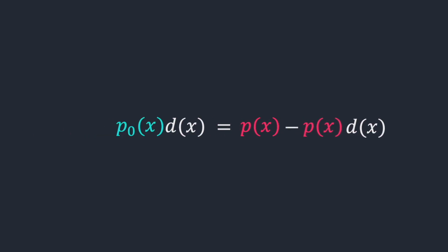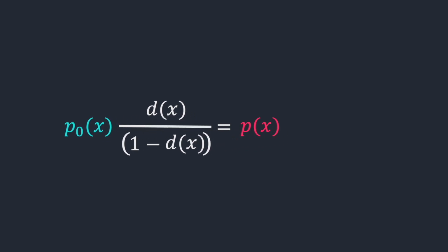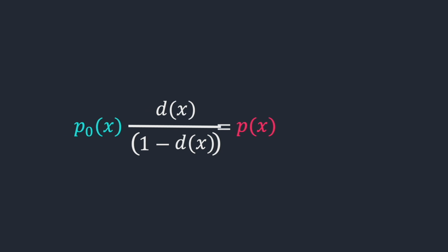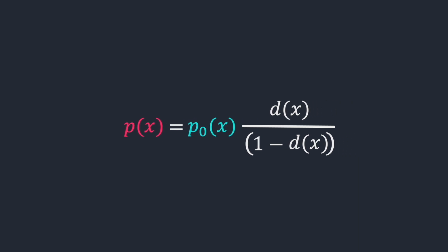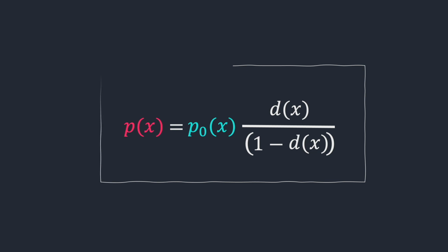We can add new parentheses again, and subsequently the only step that is left is dividing again by 1 minus d of x. Now we have solved this equation for p of x, and we thus have a formula to compute p of x if we are given a classifier d of x.